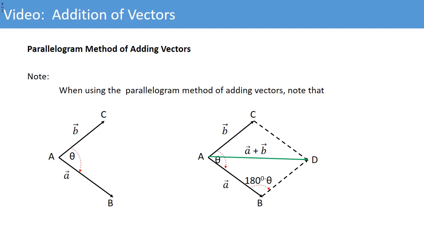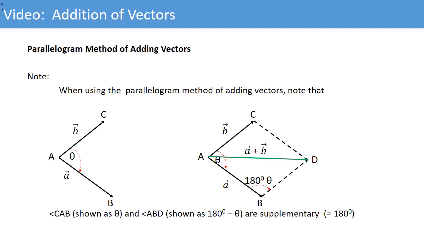That's an important property that we will use when we're solving problems. We know that angle CAB is theta, and angle ABD is 180 minus theta, and they're supplementary, meaning the sum of those two angles is equal to 180 degrees.